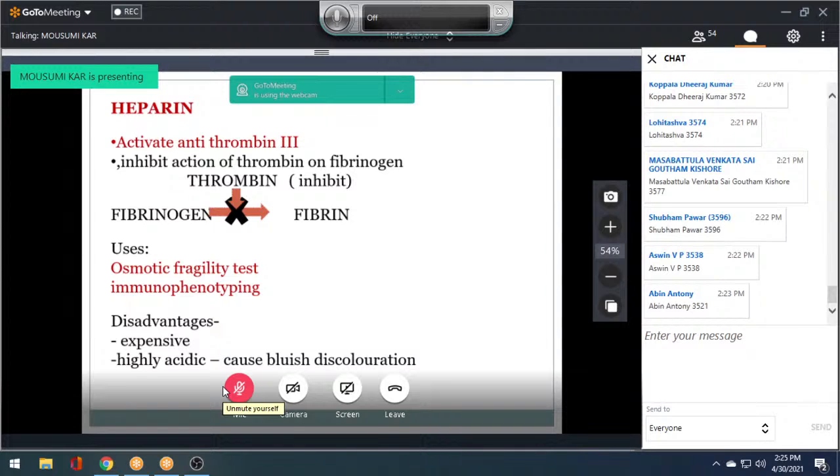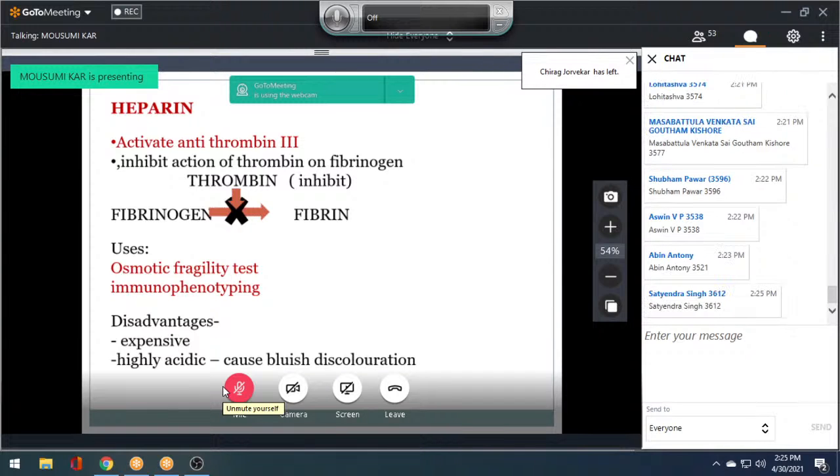Heparin, we already learned, acts through antithrombin 3; thrombin is required for conversion of fibrinogen to fibrin. Now, the use of heparin is mainly for arterial blood gas, ABG, or fragility, or even immunophenotyping or flow cytometry can be done in heparin, but we prefer EDTA for it. The disadvantage is that heparin is highly acidic and it causes a bluish discoloration.